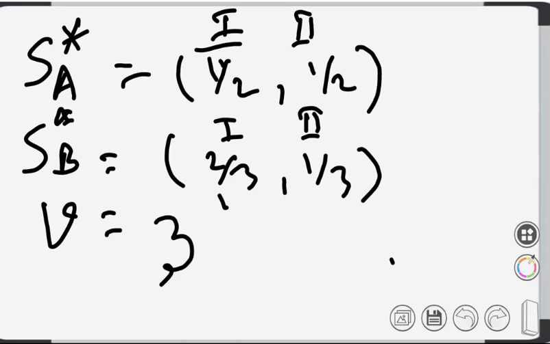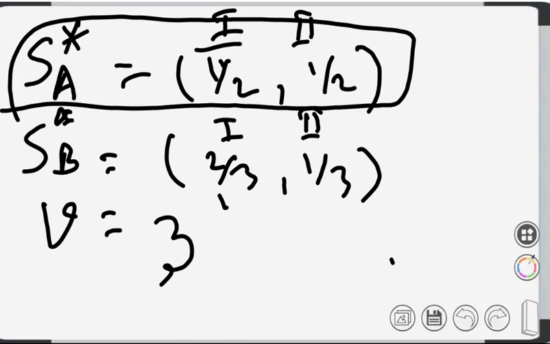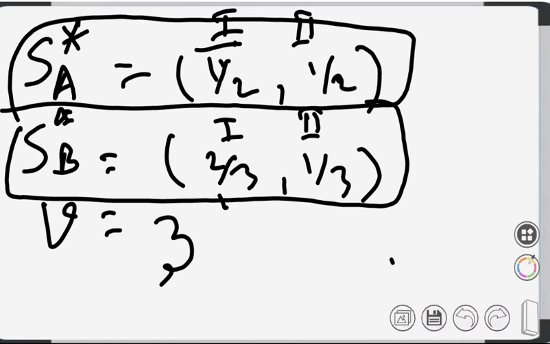So that is the objective of B and the objective of A. If the game is played 2 times, then A will play one time strategy 1 and one time strategy 2. But for B, if the game is played 3 times, then twice he will be playing strategy 1 and once he will be playing strategy 2. And the game keeps on going in a repetitive way.